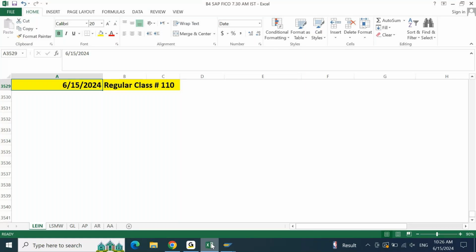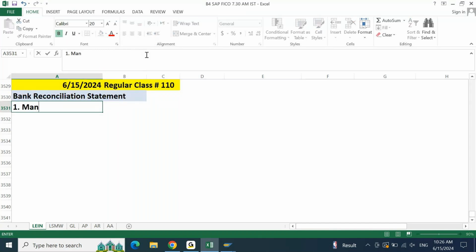Alright, let us talk about BRS or Bank Reconciliation Statement. When we talk about BRS, we are all aware there are two types of BRS in SAP. One is your manual BRS, second one is your electronic BRS.